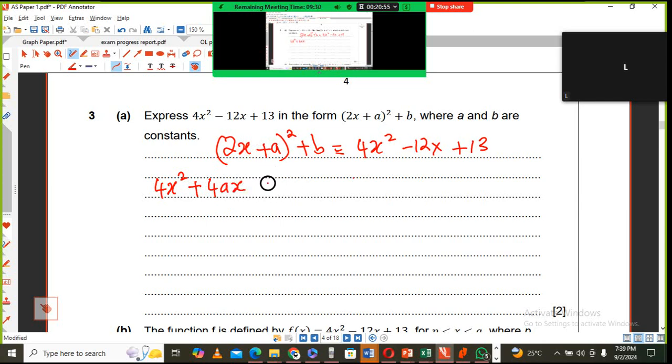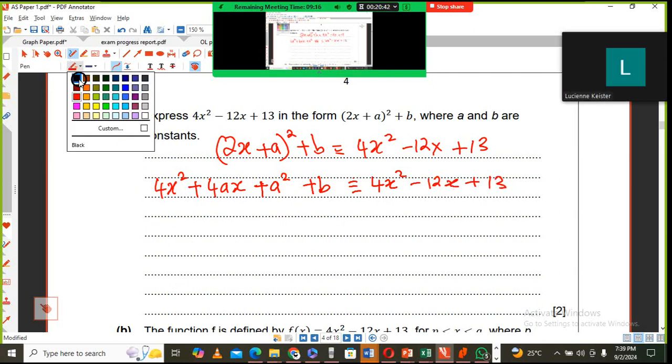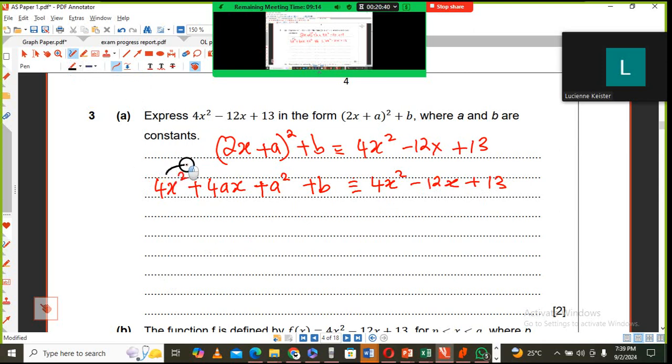You agree? And then the a squared on its own. Too fast? If you multiply that bracket by itself, that's what you get, right?